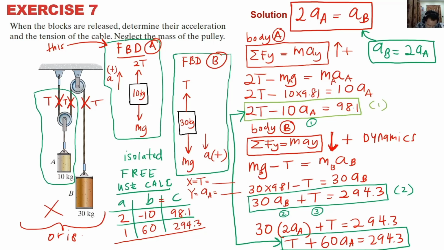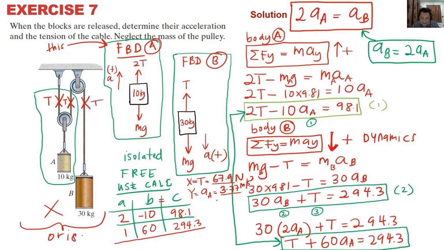So dapat jawapan 67.9. 67.9 ni apa? Newton. Acceleration is 3.77 meter per second squared.